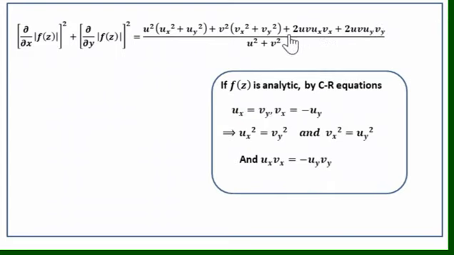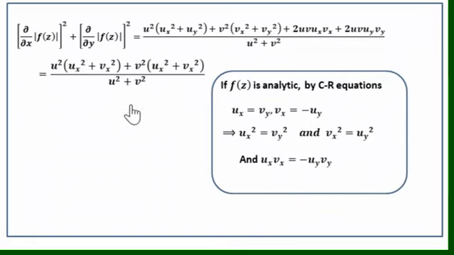So this becomes -2uv uy vy + 2uv uy vy, so that we can cancel these two terms, and we are going to replace uy² by vx² and vy² by ux².